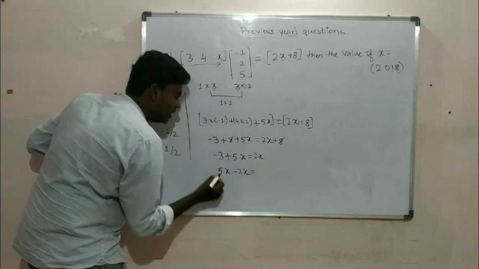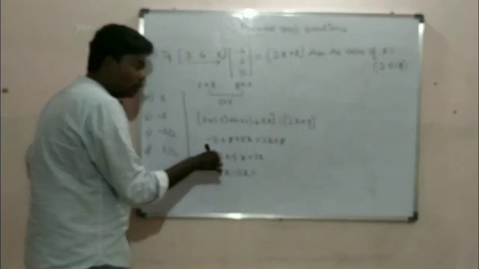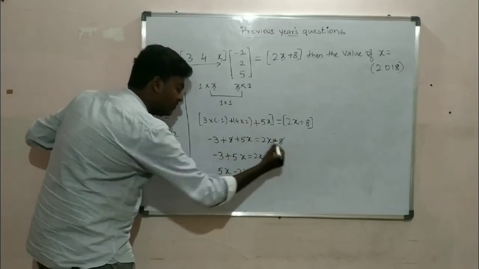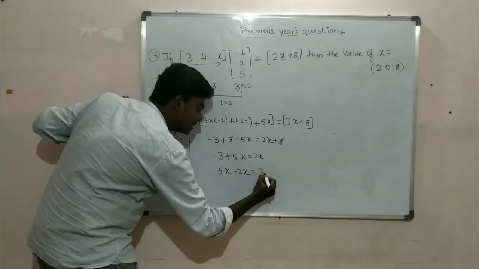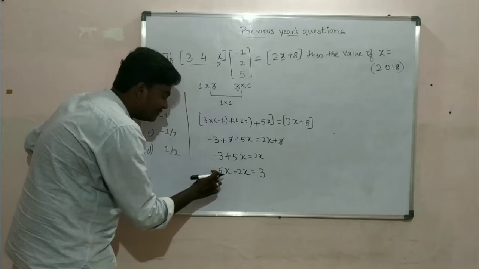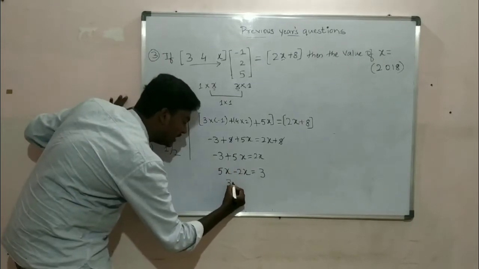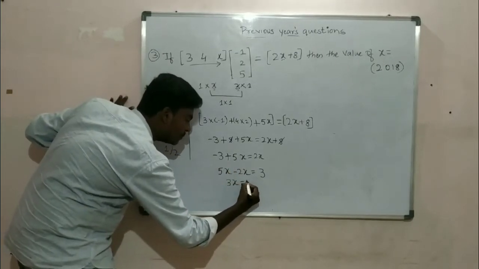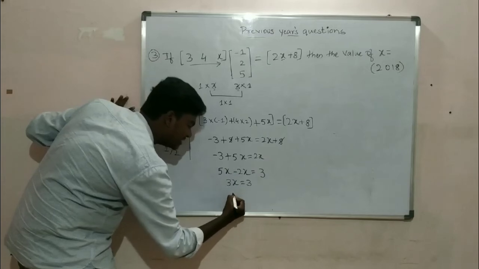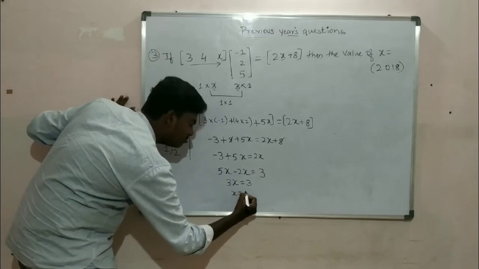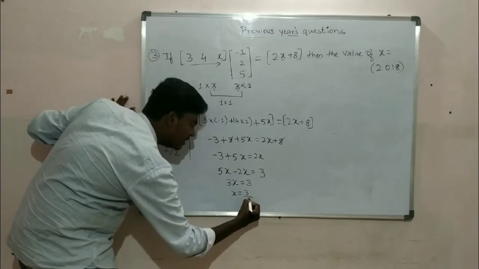This -3 is in the left hand side, it will go to the RHS; if -3 goes there, it will become +3. So what is 5x minus 2x? It is 3x is equals to 3. We need x, so x will be 3 divided by 3.